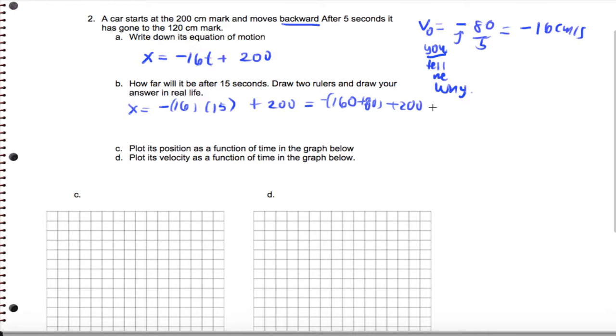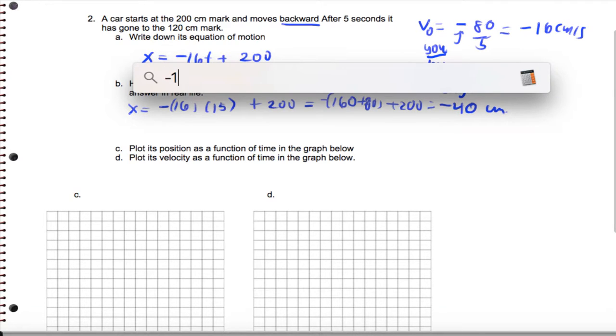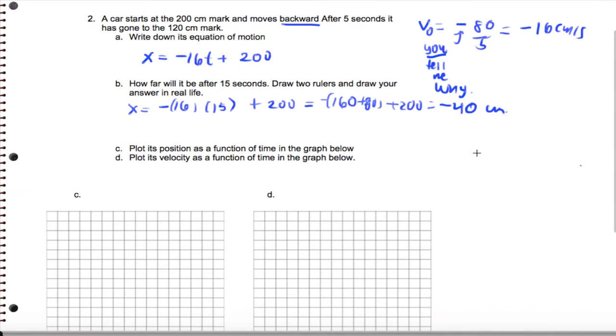I'm getting negative 40 centimeters. Let me just double check that. Yep, negative 40 centimeters. And so when we draw two rulers to show this in real life, the buggy starts here, goes backwards, and winds up somewhere back here at negative 40.